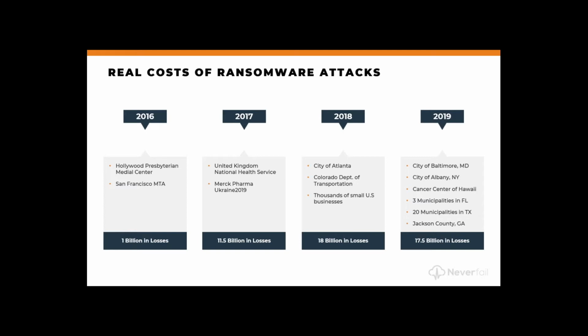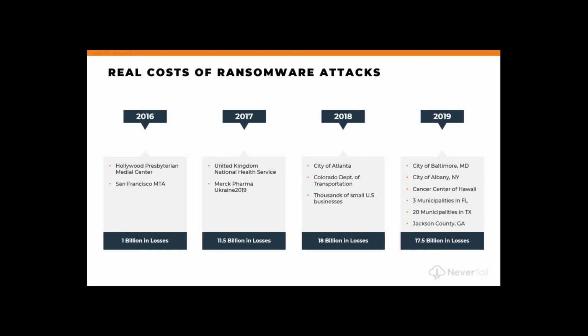In 2018, we started seeing municipalities taking a hit on this, and now a lot of this is going towards municipalities, school districts, MSPs, and even, believe it or not, radio stations are being targeted.